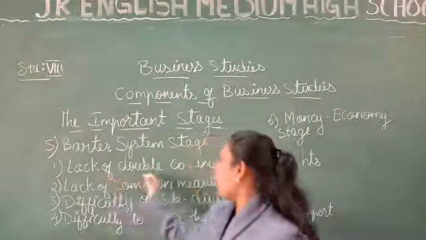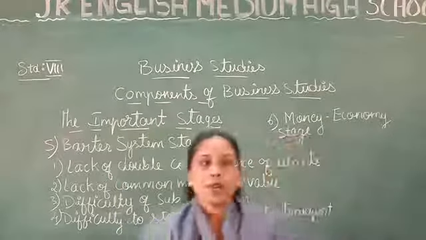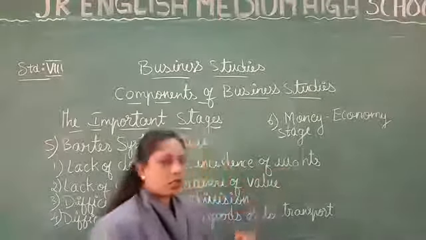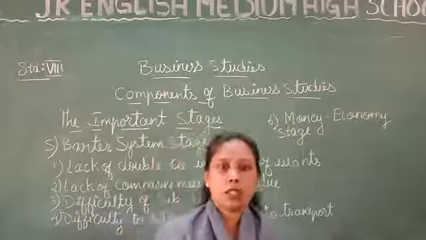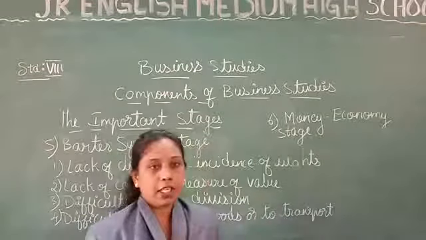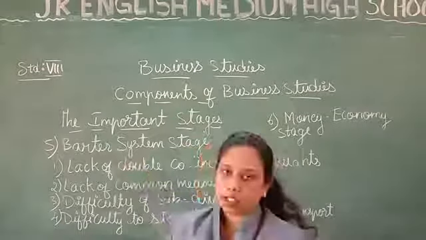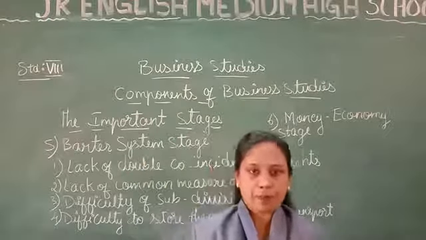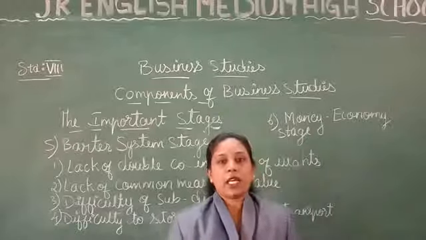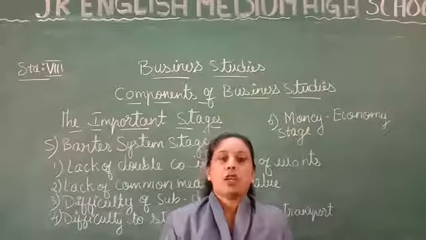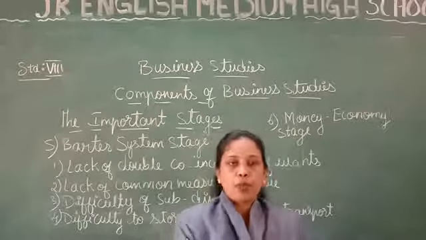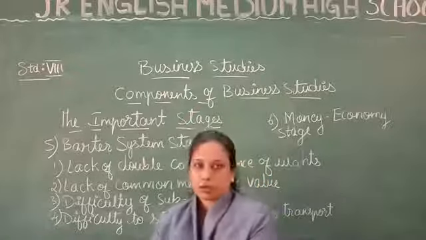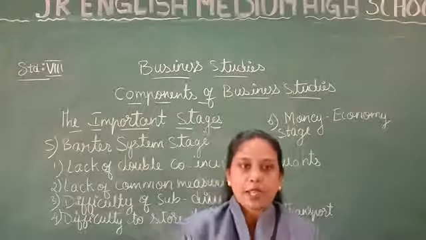The first one, lack of double coincidence of wants. First let me give the explanation of the barter system. The division of labor enabled quick production of goods. The goods produced were directly exchanged, meaning from producer to the consumer directly.